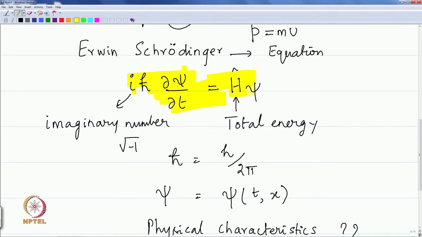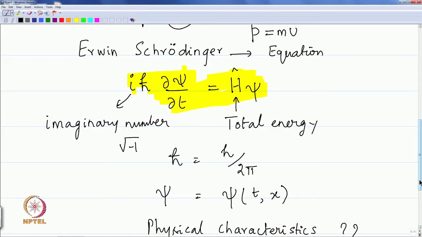See this particular equation, which has the total energy on one side and the wave function on the other side, but it also contains the imaginary number. Therefore it is possible that the wave function psi itself is imaginary or complex. And if it is complex, then we do not have a physical interpretation for the wave function itself.